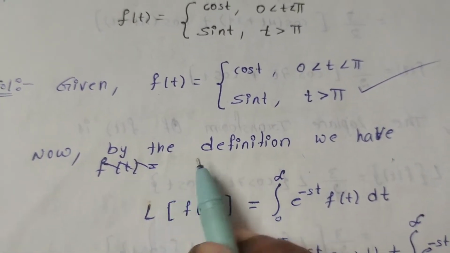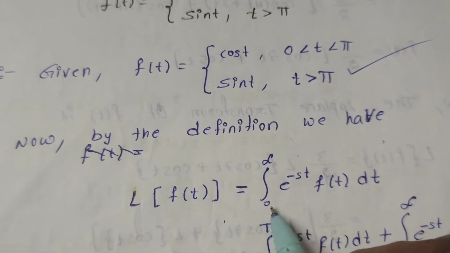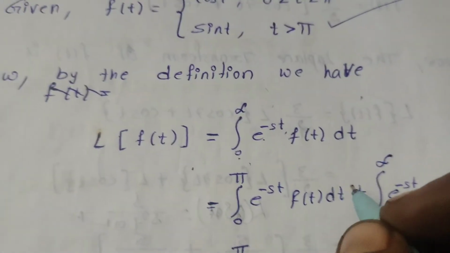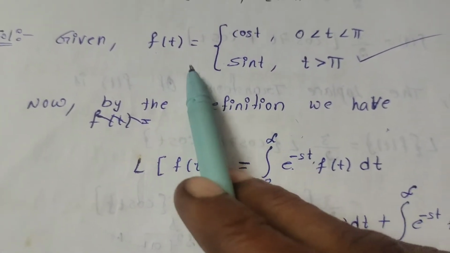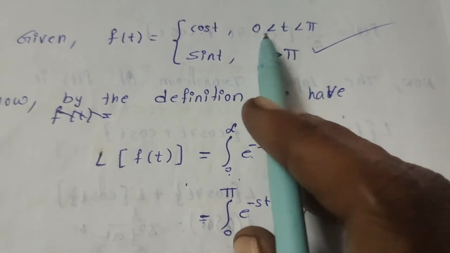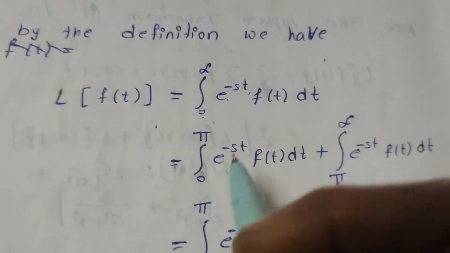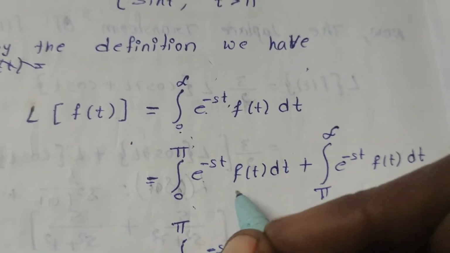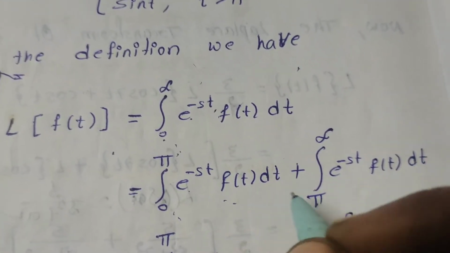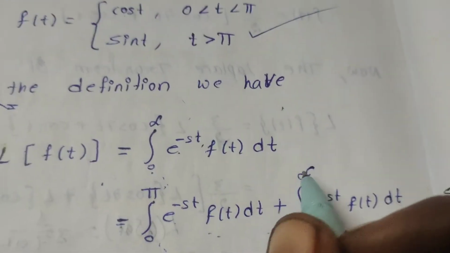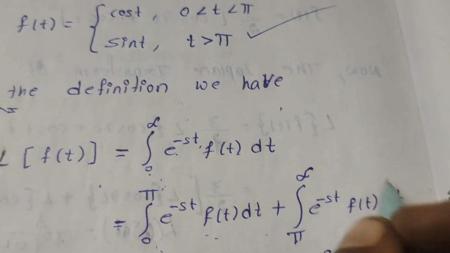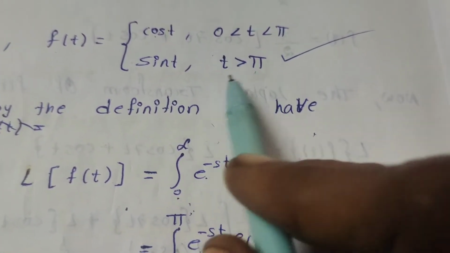The Laplace transform of f(t) equals the integral from 0 to infinity of e^(-st) f(t) dt. Splitting the limits, this is the integral from 0 to pi of e^(-st) f(t) dt, plus the integral from pi to infinity of e^(-st) f(t) dt.